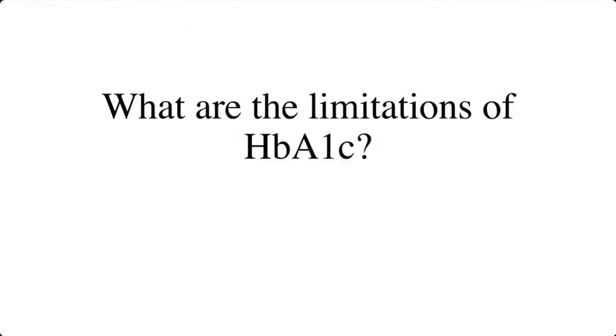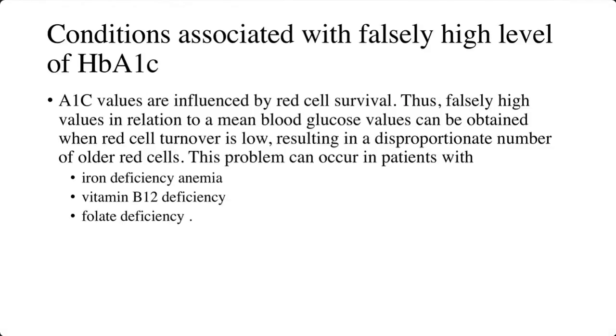So, with regard to hemoglobin A1C, it can give you a falsely high level, especially in any condition where there is increased red blood cell survival, like in iron deficiency anemia, or even iron insufficiency, vitamin B12 deficiency or insufficiency, or folate deficiency.